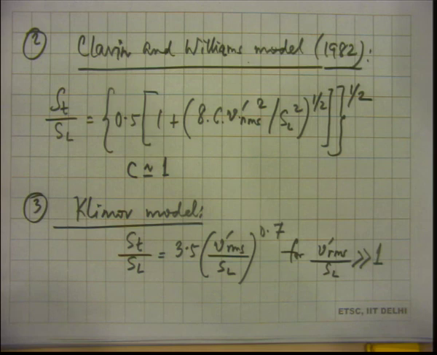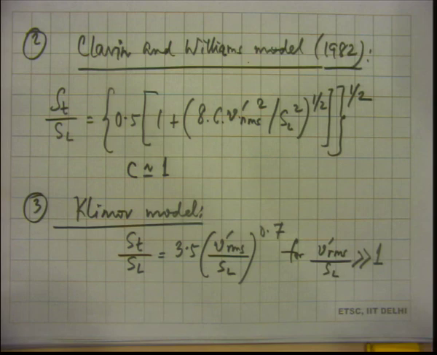And there are many other models available, and the general agreement is that ST by SL depends primarily on V prime RMS by SL. Okay. In all the models, the thing which people are agreeing on is ST by SL depends on V prime RMS by SL, and does not involve any other turbulence properties such as length scales.